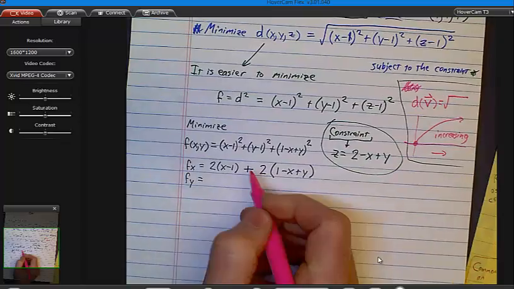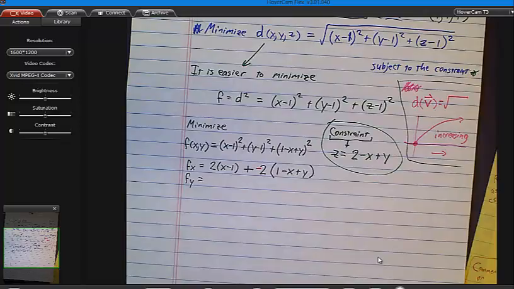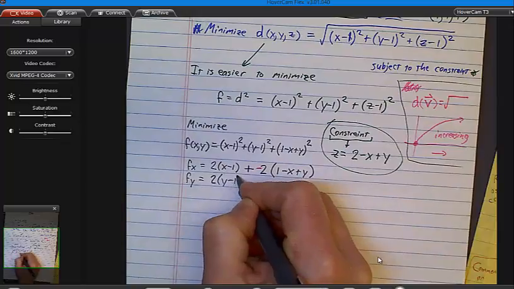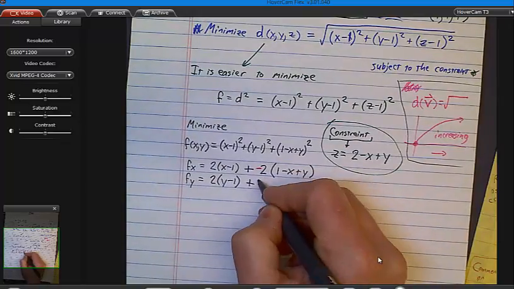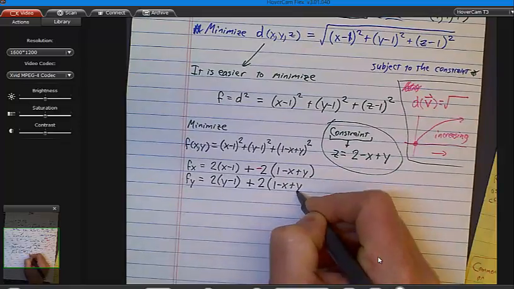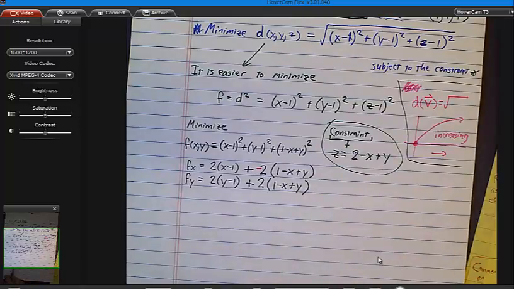Let's put that negative in pink here so I don't forget it, right? So instead of plus negative, I probably should have written minus, but I wasn't planning ahead. Here we go. Fy is 2 times y minus 1 times 1 plus 2 times 1 minus x plus y times 1 this time. So there they are. Okay. Next step.